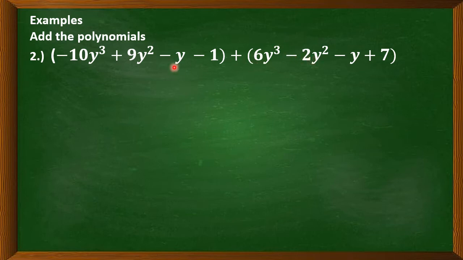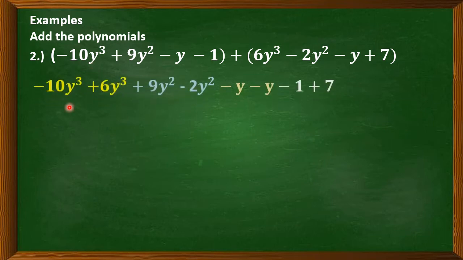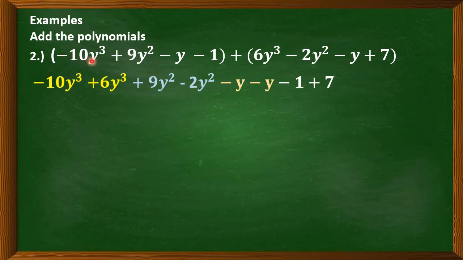Okay, so now we are going to combine similar terms. Similar terms here are negative 10y cubed, and here we have 6y cubed, 9y squared, and also negative 2y squared, negative y.